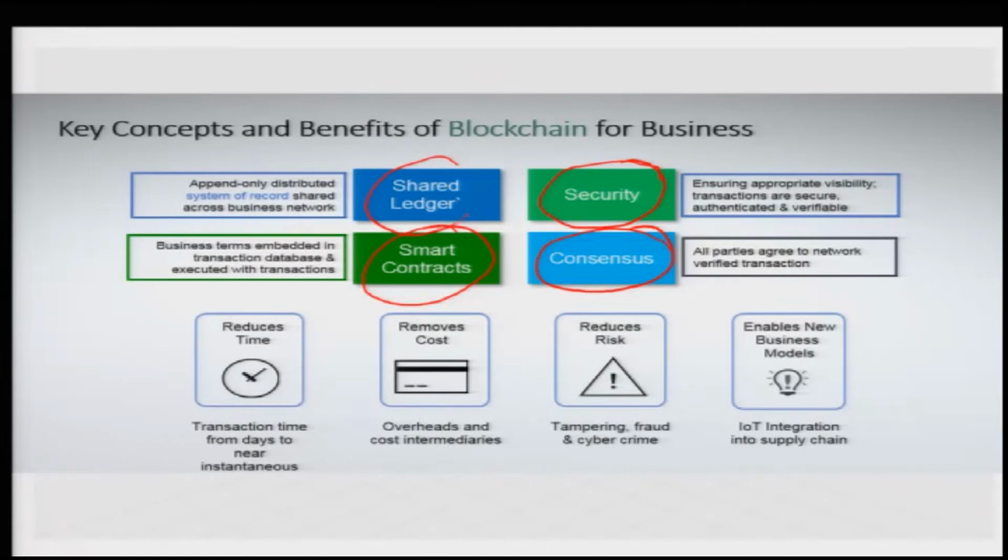Shared ledger, smart contracts, consensus, these are the things that we want to have, and therefore we want to go for a blockchain-based solution. Security is something where we claim to have a better chance of making things secure, because otherwise multiple disparate databases mediated through other techniques, including manual techniques, would certainly leak out data and so on and so forth.